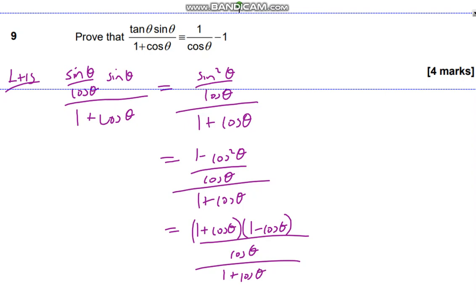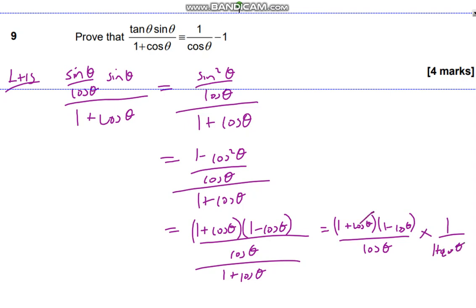Okay, so that's a little bit tricky now. So you might think, well, what's going on here? Well, I'm dividing this fraction here by this, so that's probably the same kind of thing as doing the fraction on the top, so 1 plus cos theta, 1 minus cos theta over cos theta, and then dividing it by that is multiplying by 1 over 1 plus cos theta.